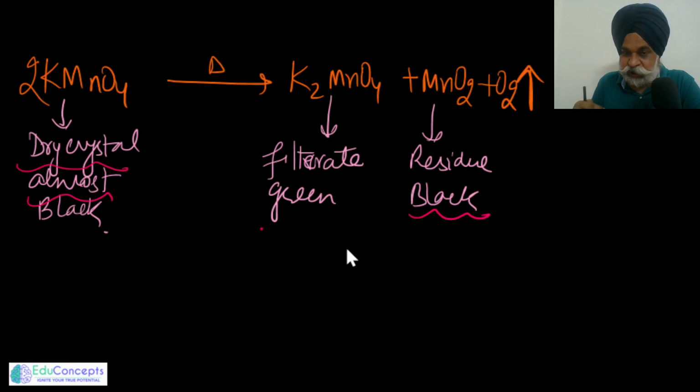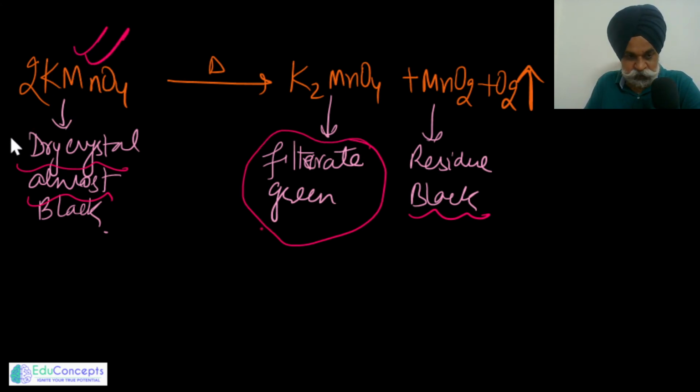Heat it well and then add water to it, and if the water gives a green colored filtrate, that means there is the presence of KMnO4. So in a way, I have discussed almost all the important specific reactions. Here and there some mistakes may happen because of the color or some redox balancing or something like that. Please ignore it. Otherwise, I tried my level best to make things as clear as I could.